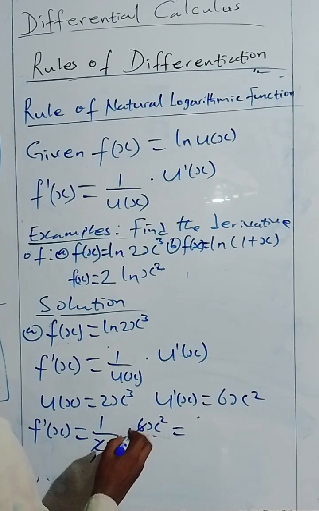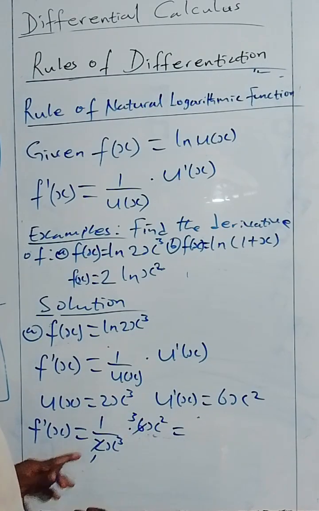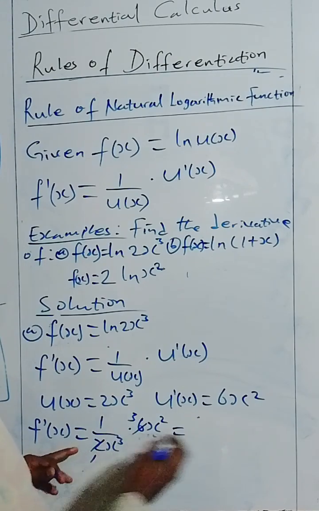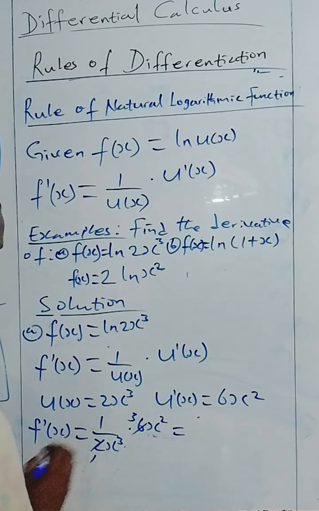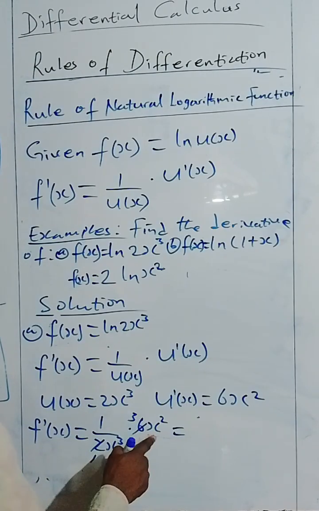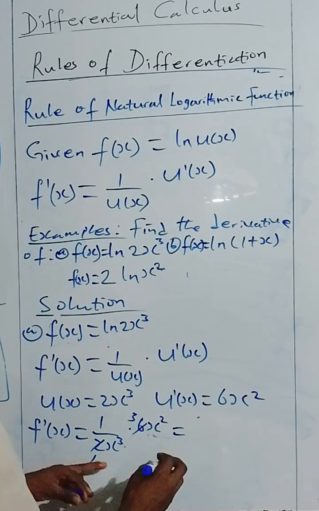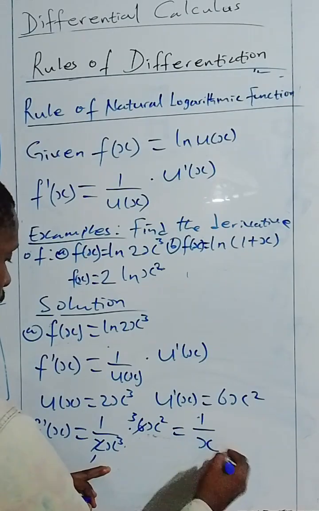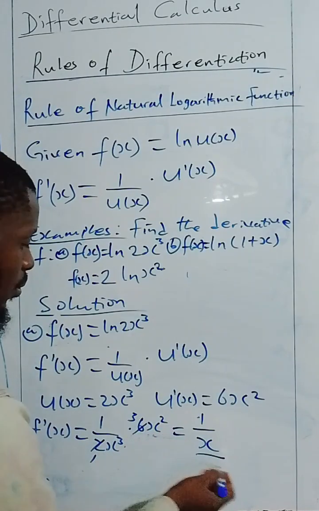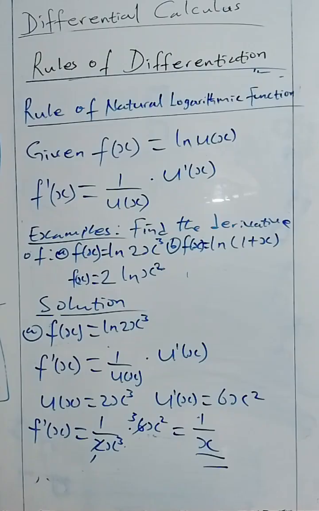We have 2 here and 6 here, giving 3. We have x raised to the power 3 and x raised to the power 2. We apply the law of indices, and here we are left with 1 over x. So the answer is 1 over x.